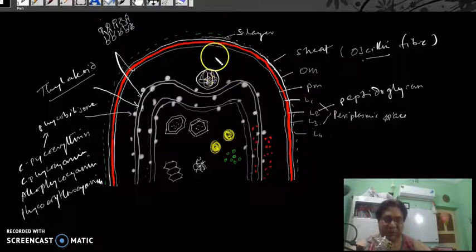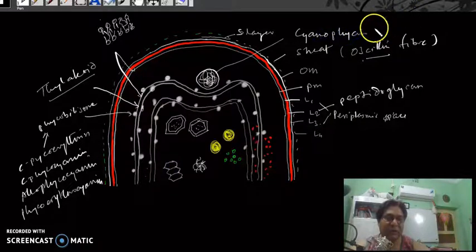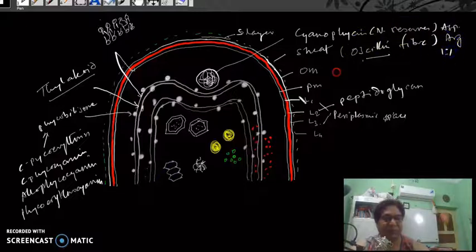Now let us talk about these structures. This one is a nitrogen reserve called cyanophycean granules. They are nitrogen reserves, basically made mainly of aspartic acid and arginine in a 1:1 ratio.